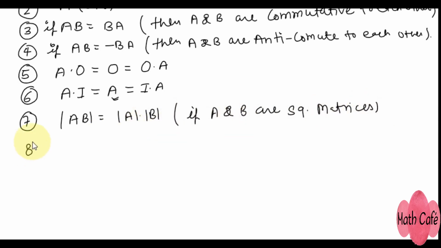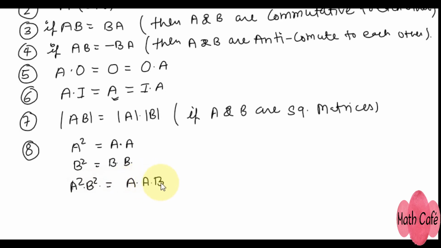In the 8th point, if it is written A square, then it means A multiplied by A. If it is written B square, it means B multiplied by B. If it is written A square B square, that means A multiplied by A and B multiplied by B. And if it is written AB whole square, that means AB multiplied by AB.